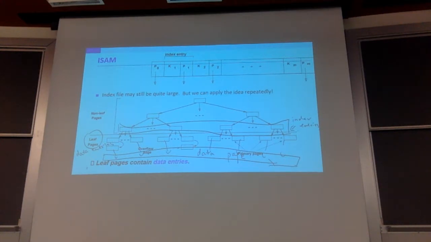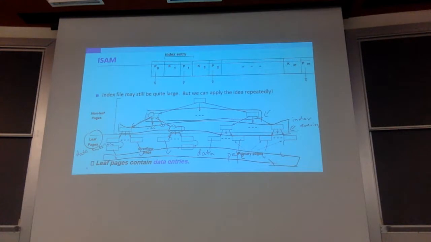That is to say, you build another level of indirection, which still contains sorted keys, and a bunch of index entries that point to each of the pages in the next level. When you do a search, you first do a binary search in this level, then follow the correct link to the next level. Then at the next level, you follow the correct link in that page to go to the correct data entry.